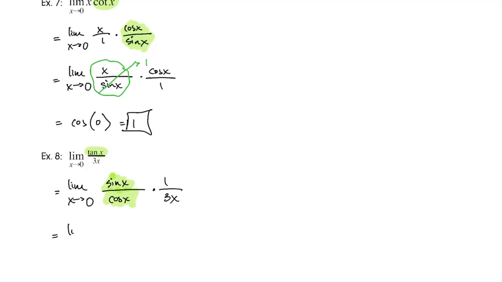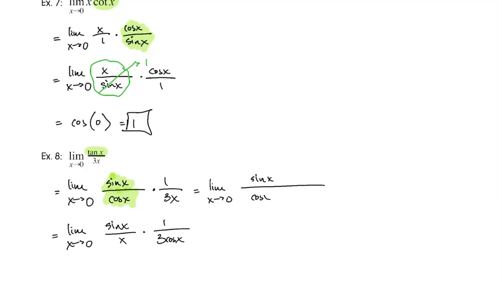And maybe we could just do this. Everybody see what just happened there? Right? Because I could write this whole fraction as one big fraction, sine x all over cosine x times 3 times x. And I can split up fractions that are multiplied however I want to.